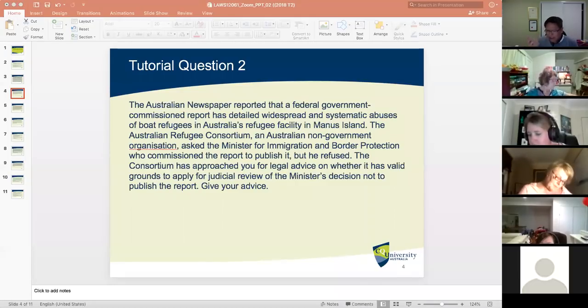In the general scheme of things, must the executive provide reasons? We will later realize, when we discuss principles of natural justice, that in general the answer is no. In the absence of a statutory requirement, the executive is not required to provide reasons for its decisions. So we're clear about that?